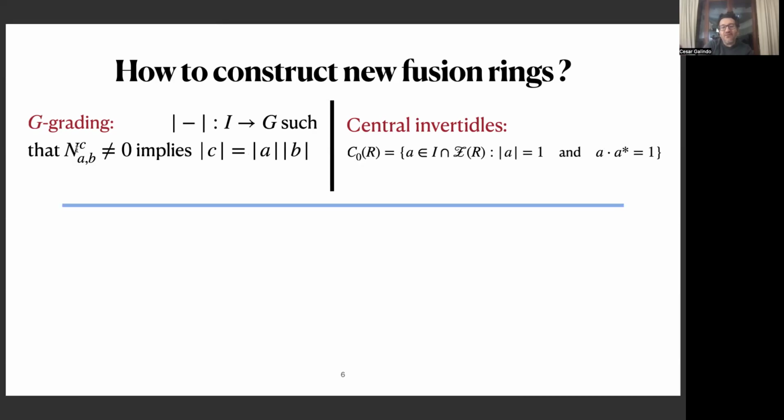In the sense that if you tensor product two simple objects, and object A has this grading and simple object B has this grading, then if an object C appears in the decomposition, its grading should be the product of these two. So this is exactly this equation.